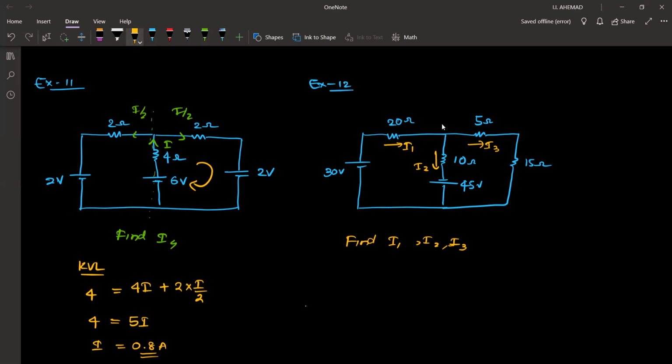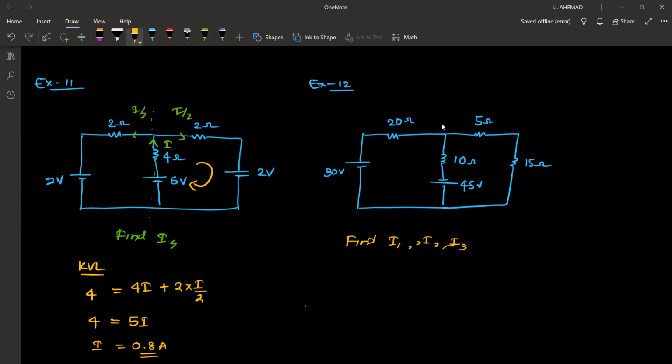So here you have to find I1, I2, and I3. But here we have already marked the current, so you don't need to bother about that. If you want, redraw the circuit and mark in your convenient way. Okay? So we get questions like this. They give I1, I2, and I3, and they ask to find. So if you're not comfortable with this, just redraw the circuit and mark the current. Okay?